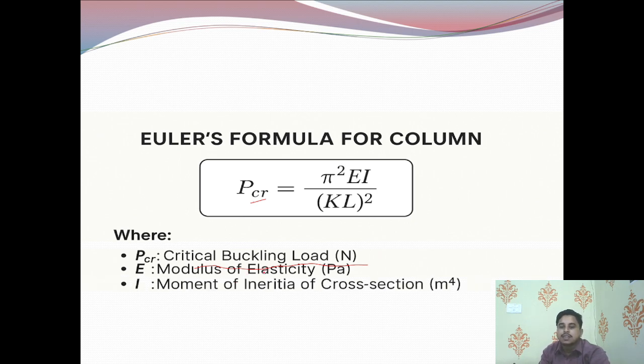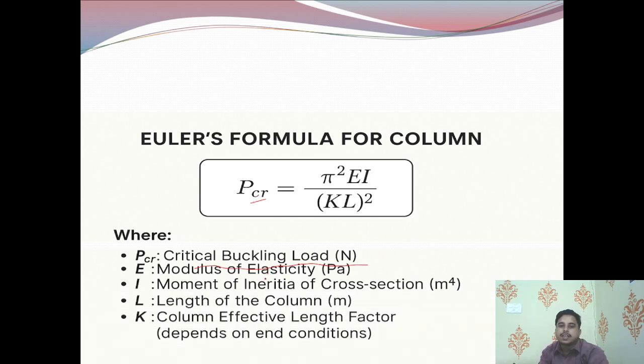I is the moment of inertia of the cross section, and L is the length of the column. K is the effective length factor, depending upon the end condition. So this equation is Euler's formula for columns: PCR equals pi square EI divided by KL whole square.